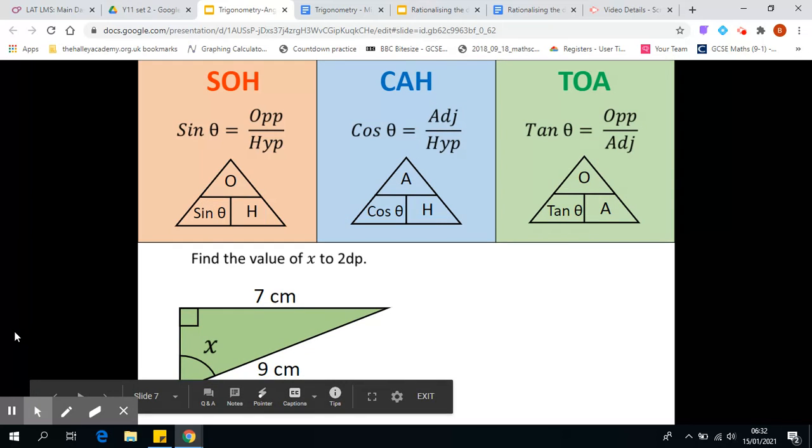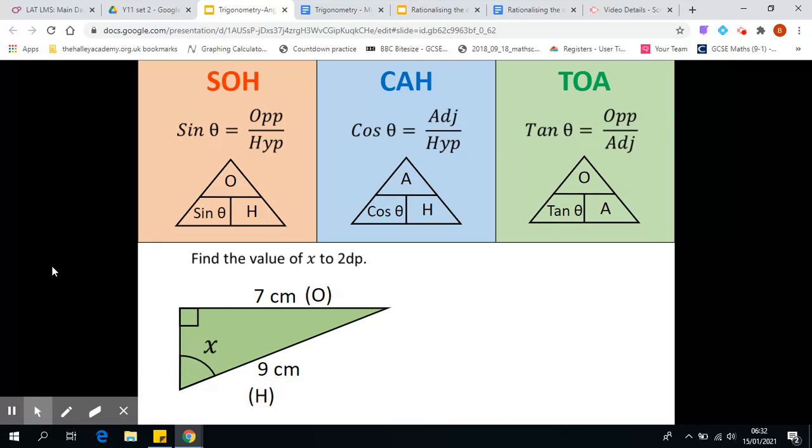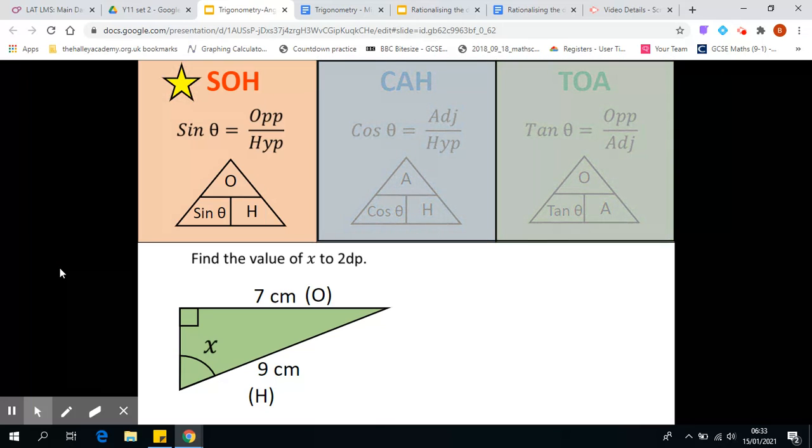Let's look at another example. First, I label the sides, opposite, hypotenuse. I don't label the unwanted one. I identify the ratio.